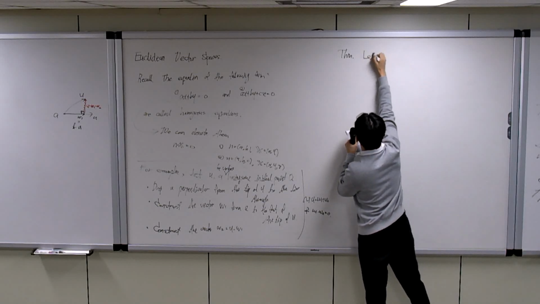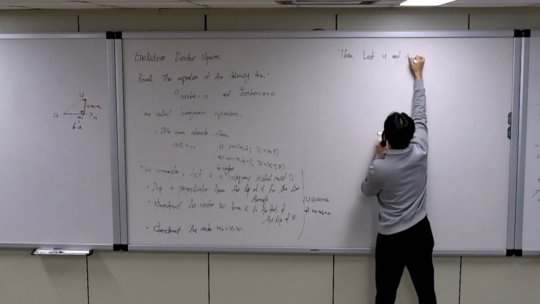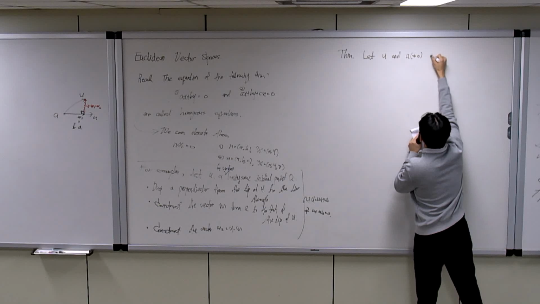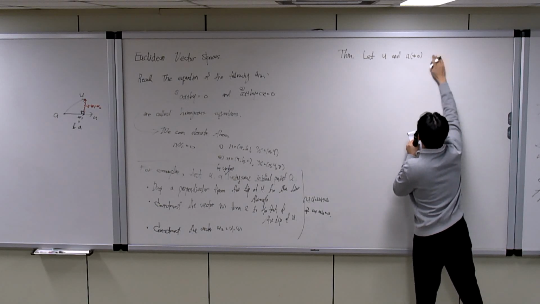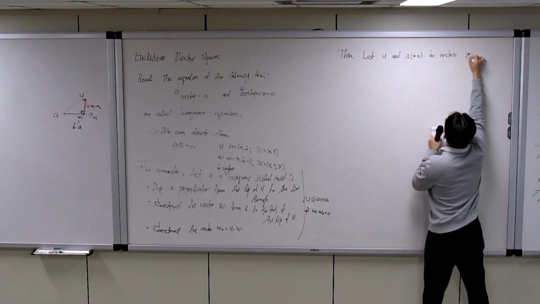Let U and A, for non-zero A, be vectors in R^n.